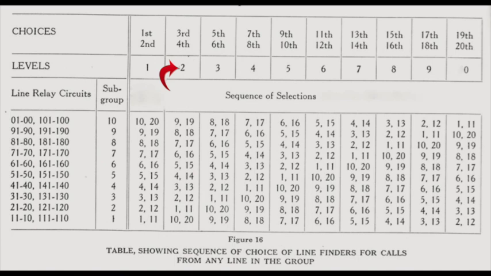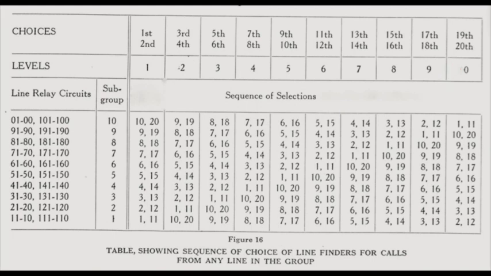Notice that on these two line finders, the 20 lines in subgroup 1 appear on level 2. For choices 5 and 6, the lines appear on level 3. This selection pattern continues, increasing the level number by 1 per two sequential choices, until the last two choices are reached and the lines appear on level 0.